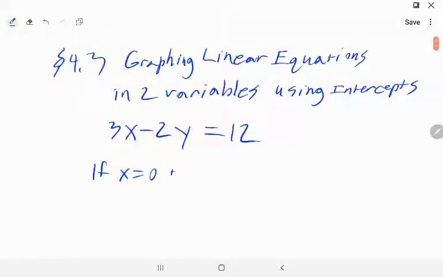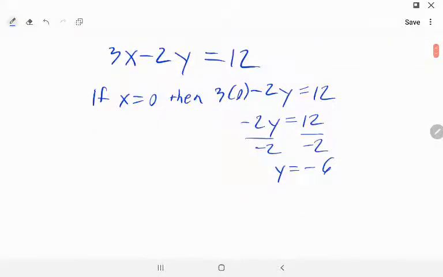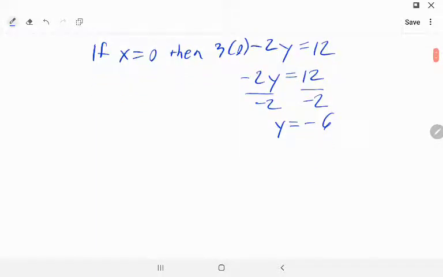We get 3 times 0 minus 2y equals 12, so negative 2y equals 12, and we can divide by negative 2, and we see that y equals negative 6. And so that's going to be the y-intercept. If x equals 0, y equals negative 6, that's where we intercept the y-axis.